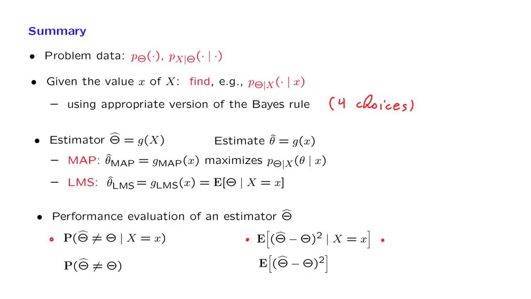So these calculations consist of just an integration or summation using the conditional distribution. For example, here we would integrate this quantity using the conditional density of theta given the particular value that we have obtained. If we want to now calculate the unconditional performance, then we will have to use the total probability or expectation theorem.